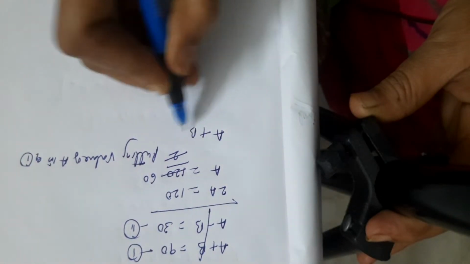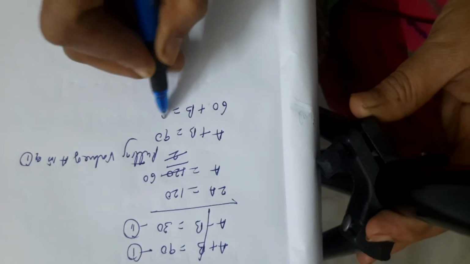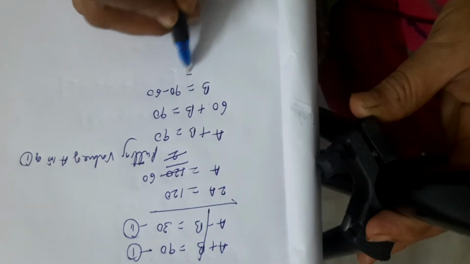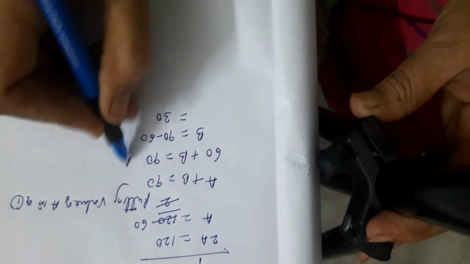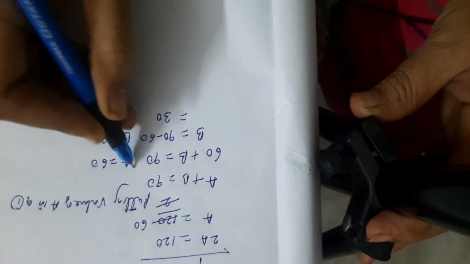A plus B is 90. A we got 60. 60 plus B is 90. Thus B is 90 minus 60, it's nothing but 30. So we got both the values, A as 60, B as 30. So this is the final answer.